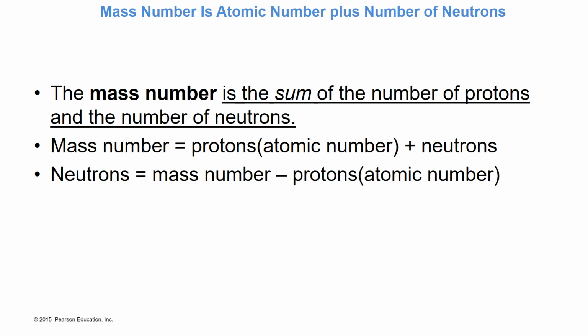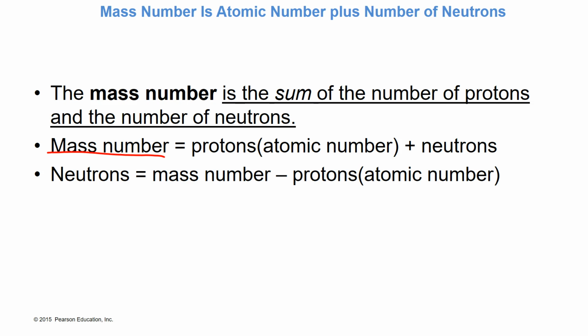But basically, one of the things that I need us to know: the mass number, the number that's written in red at the bottom of each element box on here, is a representation of the number of protons and neutrons combined. So it's the sum of the number of protons and neutrons. So the mass number for an individual isotope is the protons plus the neutrons.